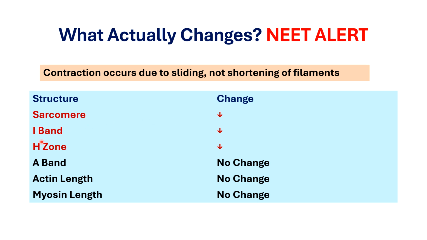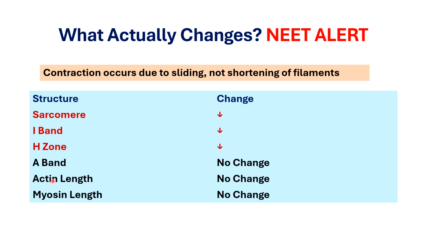The I band, or the light band, its size decreases, and the H zone size also decreases. The H zone diminishes during the maximum contraction. And what happens to the A band, the dark band, or the anisotropic band? There is no change in its size.